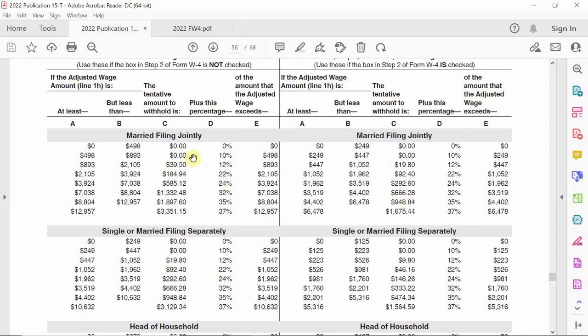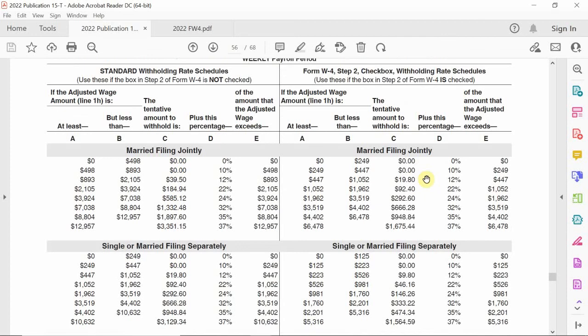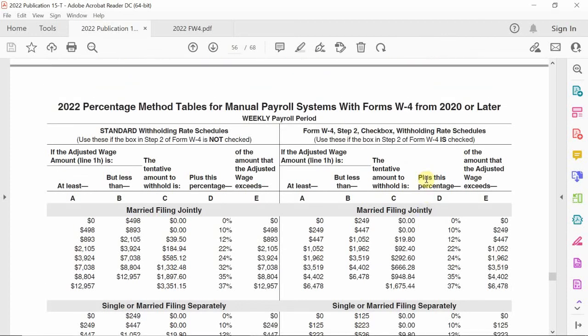Now, why is this split into two sections? If you remember for your W-4 form, if you have more than one job, you need to be on the right side. If you only have one job, you're going to be on the left side. That's as simple as it is. Now, in this case, I'm not going to make it that complicated. I'm only going to test you on individuals who have one primary job. That's it, okay?